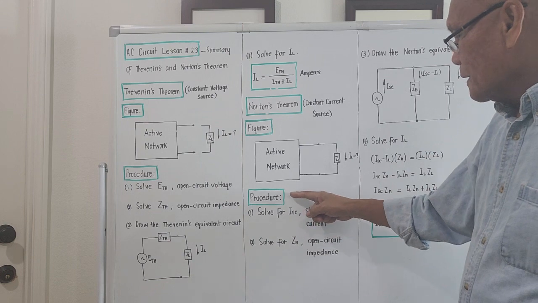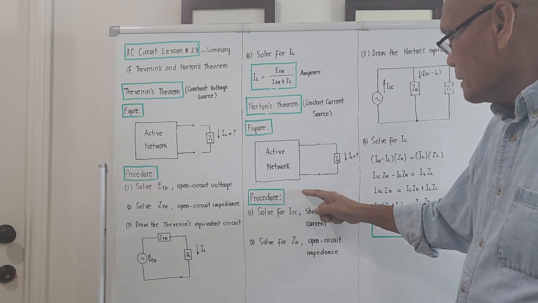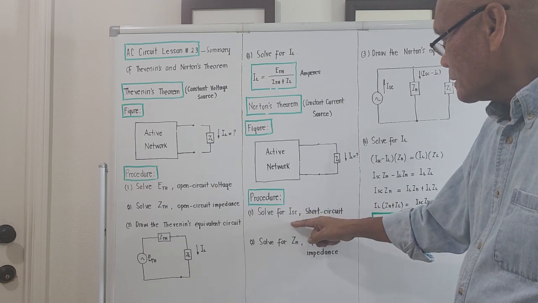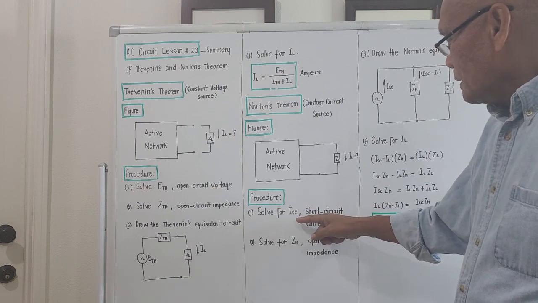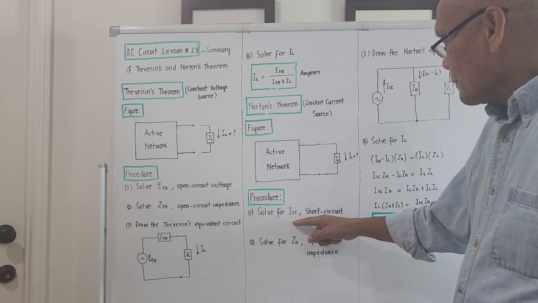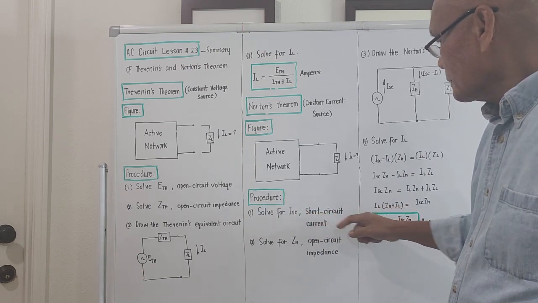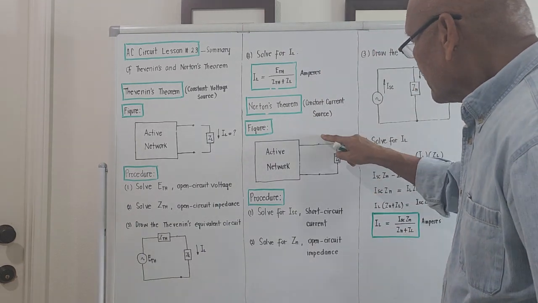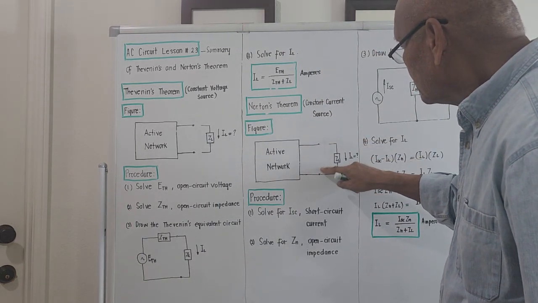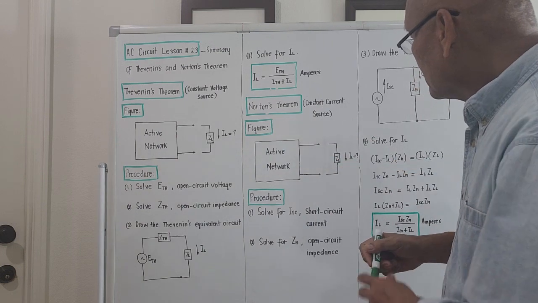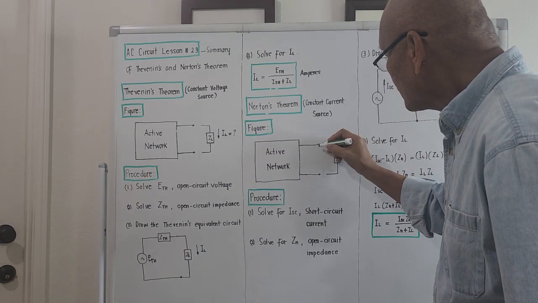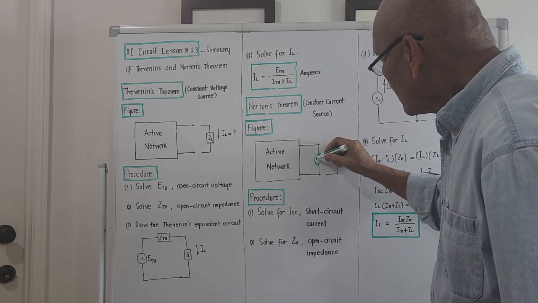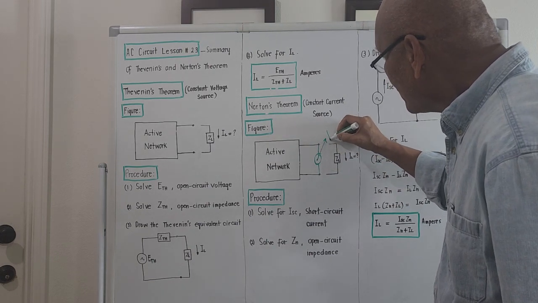Solve for capital letter I with the subscript SC. SC is short circuit and capital letter I is current. Okay, the meaning of I with the subscript SC is actually short circuit current. You try to disconnect the load, then connect an ammeter across it.